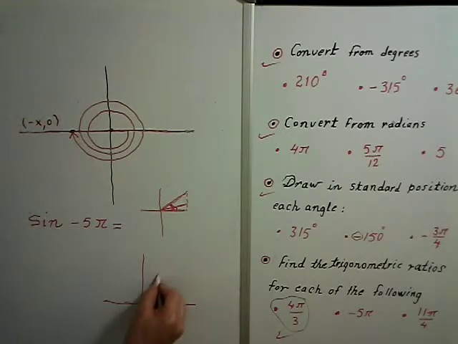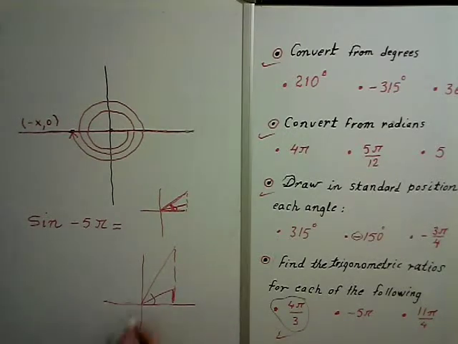Here's the angle. So the opposite is this length. But when the angle becomes smaller, the opposite becomes smaller. When it is smaller still, the opposite becomes smaller again. When the two lines coincide, I mean the terminal and the initial, that means the opposite is zero.